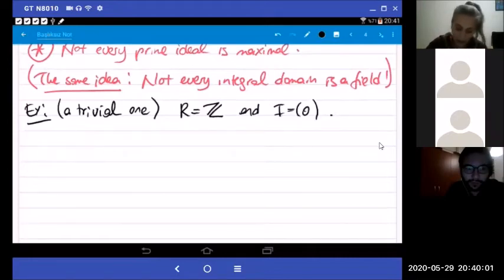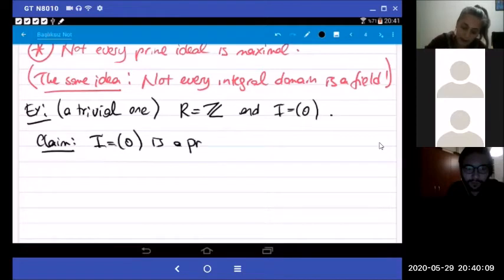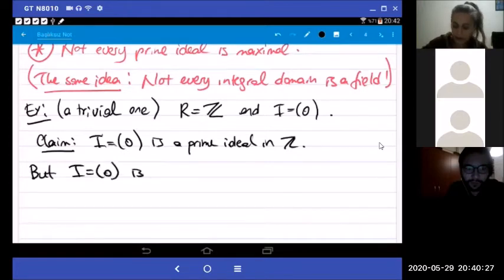Okay, I'm claiming that the ideal generated by zero is a prime ideal in Z. Okay, our claim is this one, but it is not maximal.